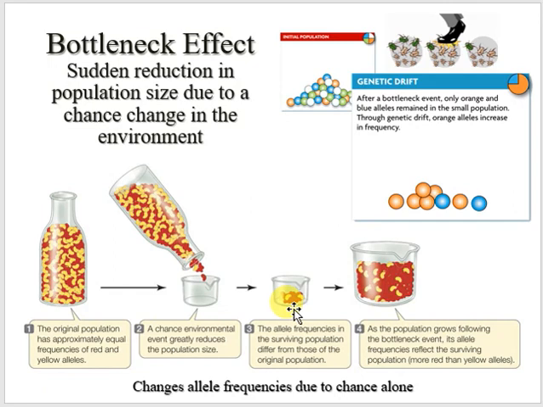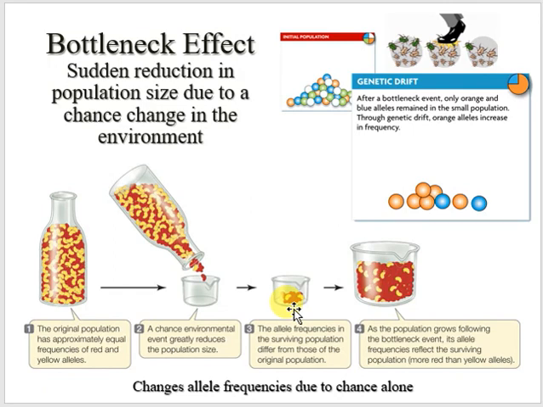So you get these two populations, right? This new population that's been formed by the bottleneck is very different in regards to the genetic composition and allelic frequencies from the original. It's not well representative of the allelic frequencies from that original population.